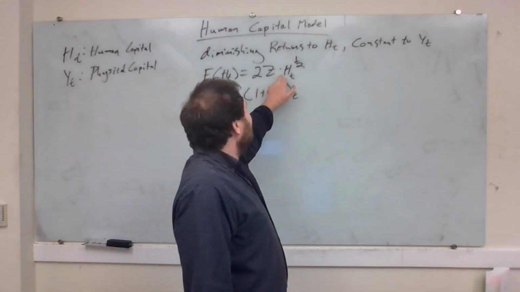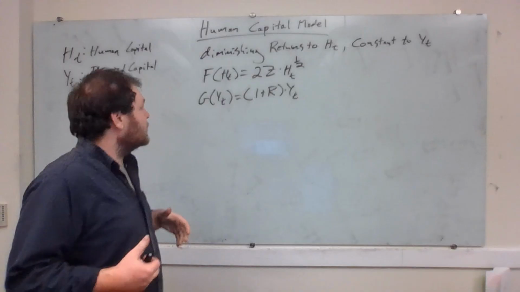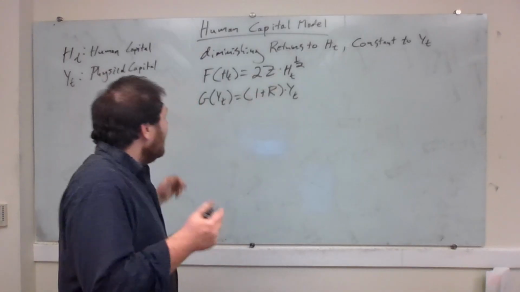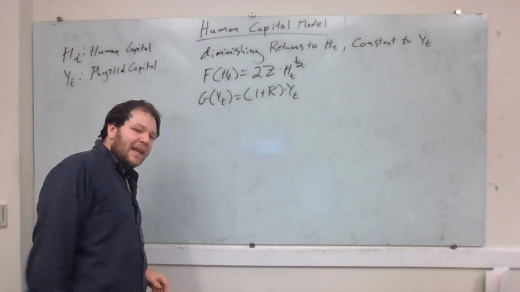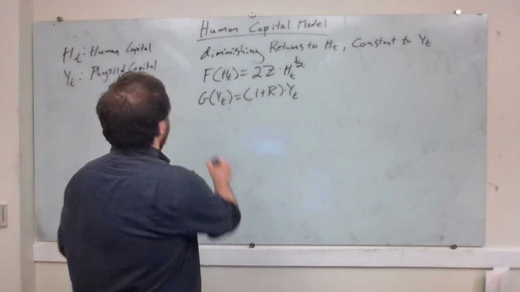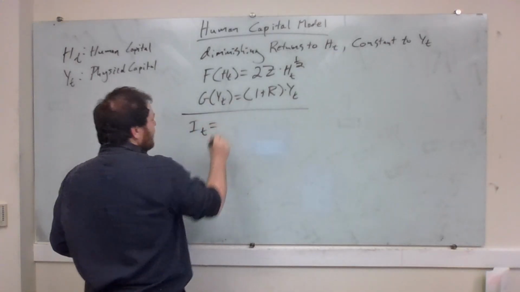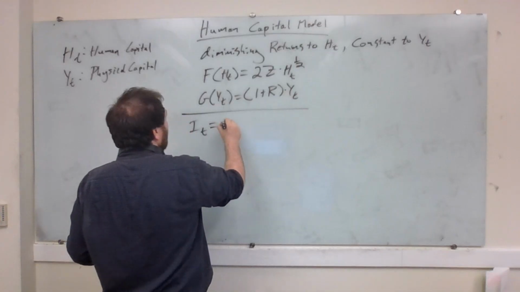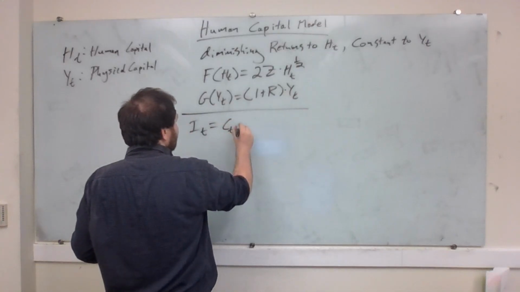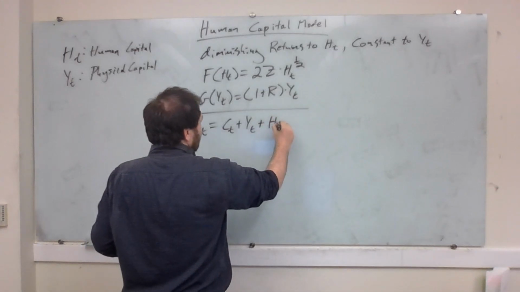Every dollar we invest in human capital gives a little bit less income to our child than the one we invested before. How much we get depends on that value of z. So what this is going to mean is that now our budget is going to be, we're going to spend our income in 3 ways instead of 2, right? We can spend it on CT, just like before, or on YT, or on HT.